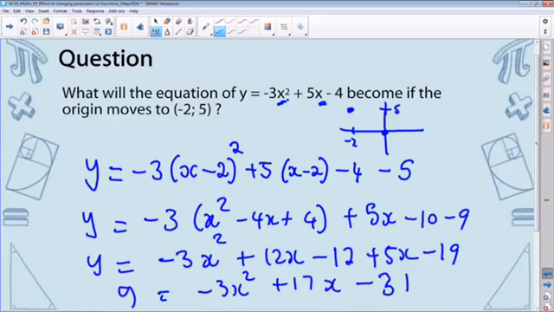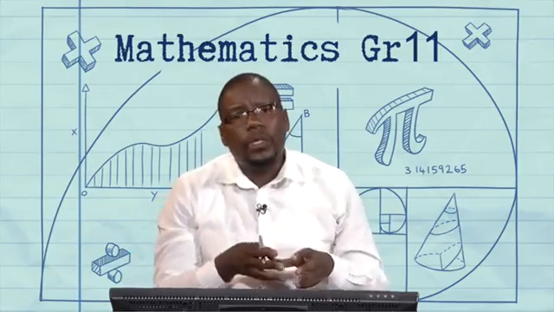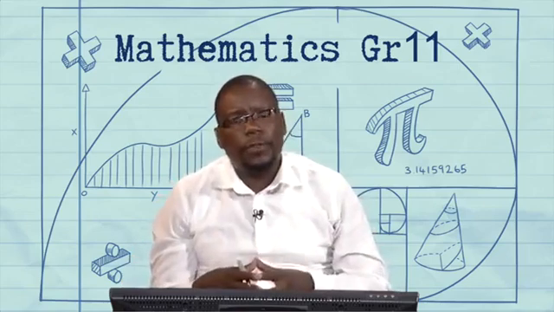Right. Now, you need to find the equation of the parabola which has a turning point at minus 3, minus 4, and passes through the point minus 1, 12, and give your answer in the form of y equals a bracket x minus p squared plus q. Now, guys, please be reminded, beginning of the year when we're busy with quadratic equations and so forth, all right?